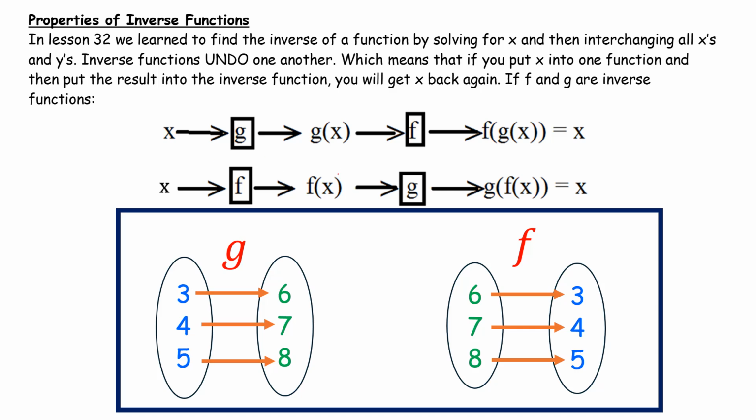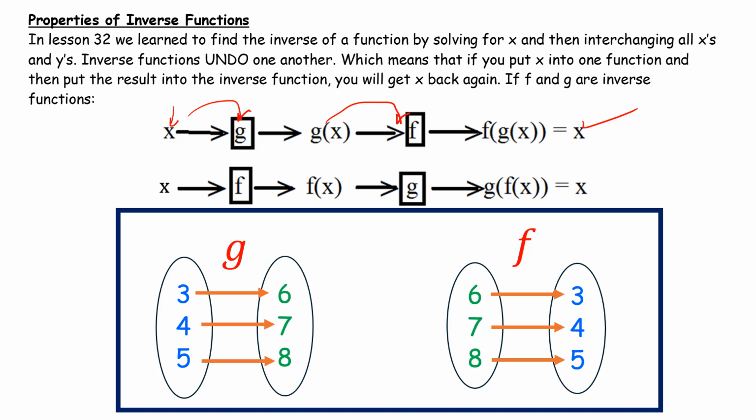So if you put it into g, you get something out, you take that, stick it into the f function, it's going to undo what you did to it, so it'll just end up being x again.